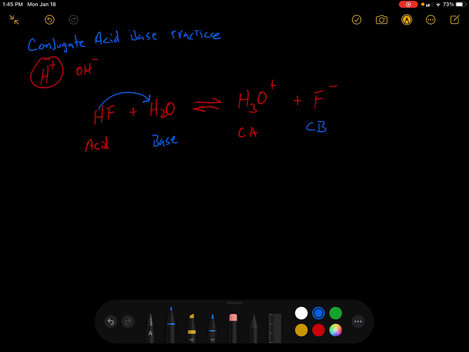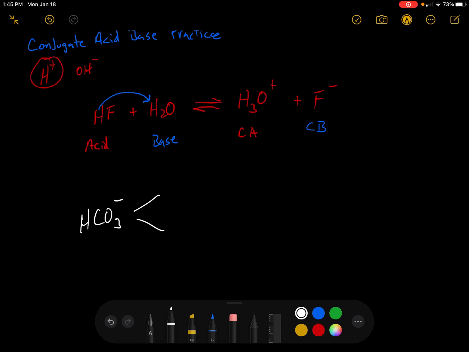So let's look at carbonic acid. Let's say HCO3 negative. What's going to be the conjugate acid of this, and then what's going to be the conjugate base?